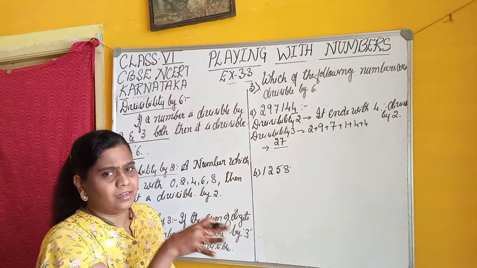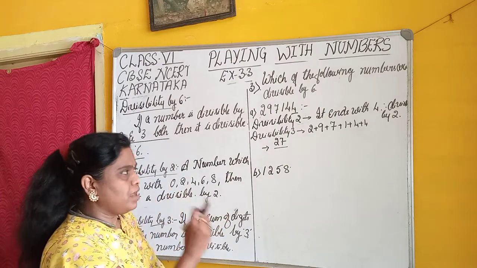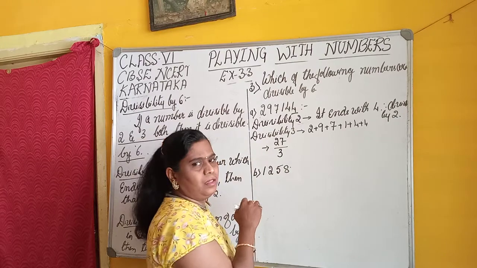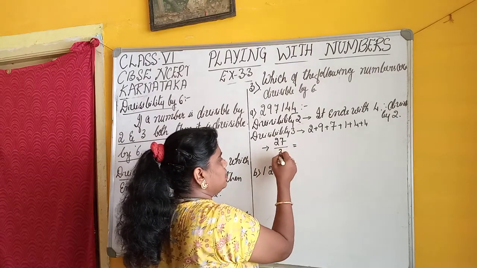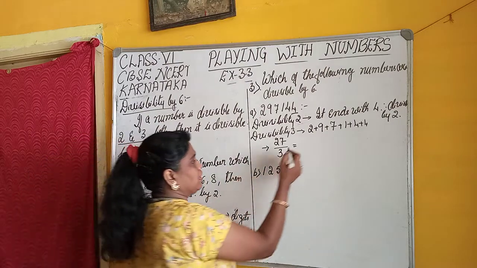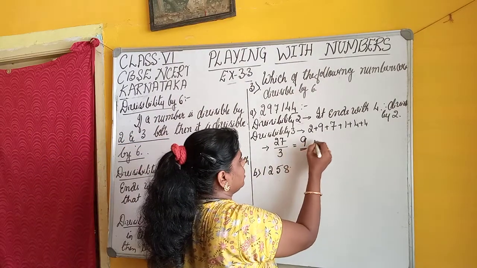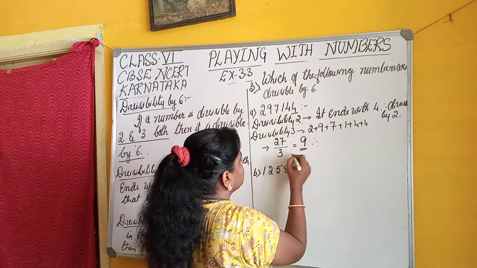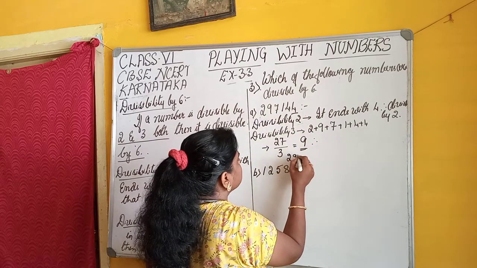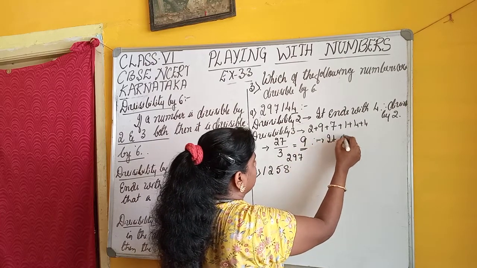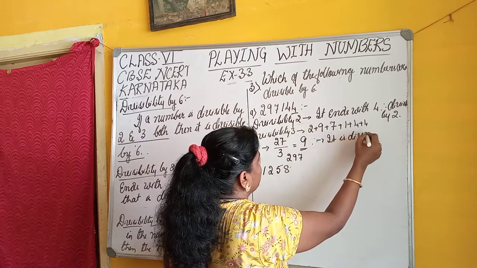Does it divide by 3? Yes, 3 9s are 27. Therefore, this number 297144 is divisible by 3.